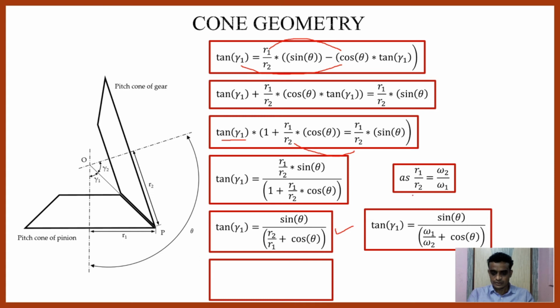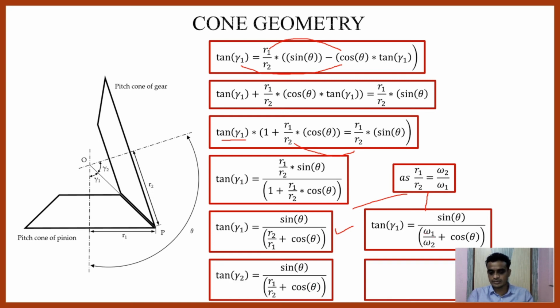Again, as we know, r1 upon r2 is equal to omega 2 upon omega 1. If we replace this in this equation, you will get tan gamma 1 is equal to sin theta upon omega 1 upon omega 2 plus cos theta. Again, by using the same geometry and the same concept, we can find out tan gamma 2 is equal to sin theta.